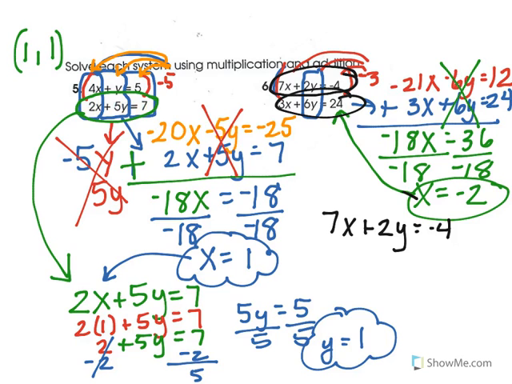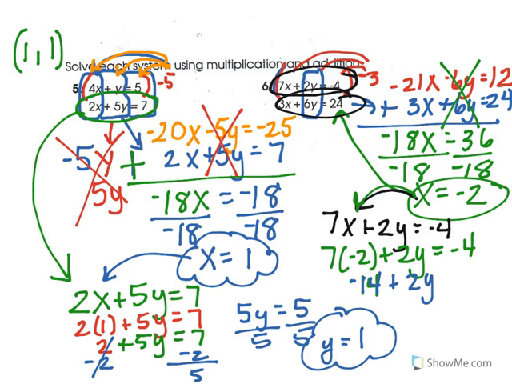So I'm going to plug in for x, which is negative 2. So 7 times negative 2 plus 2y equals negative 4. 7 times negative 2 is negative 14. Plus 2y equals negative 4.